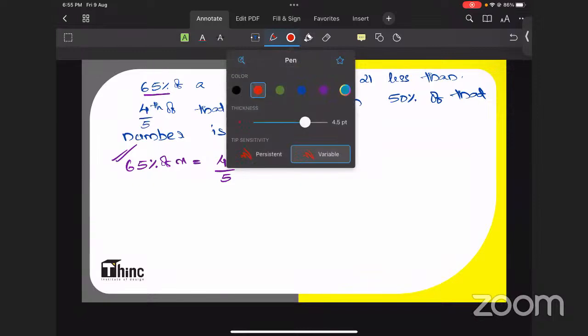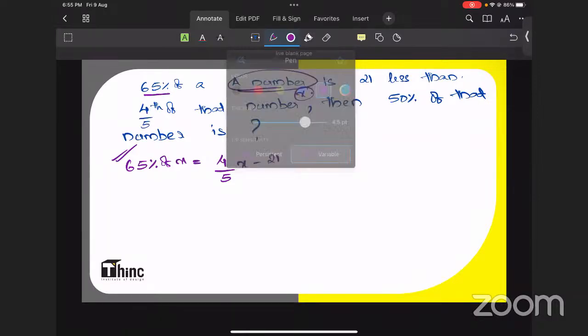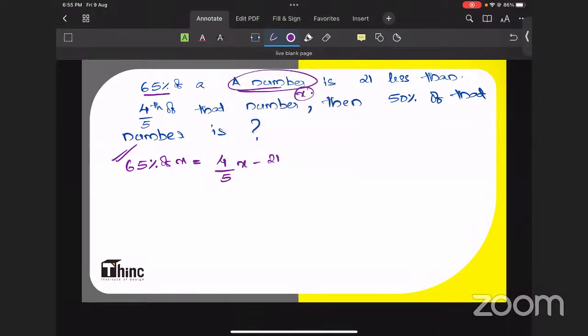Now we will look into the remaining operations. Are you familiar with 4 by 5? I told you earlier, 1 by 5 is 20%. Similarly 2 by 5 is 2 into 20%, which is 40%, and 3 by 5 is 3 into 20%, which is 60%.